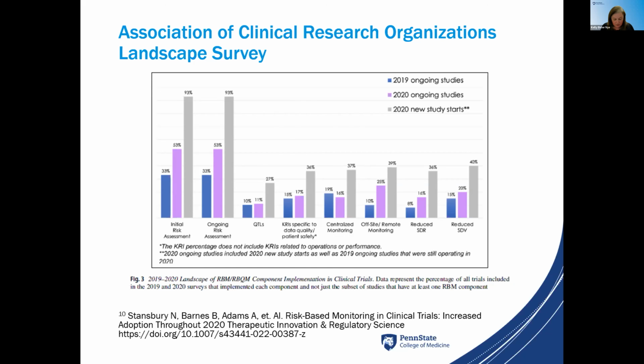The 2020 new study start data shows a sustained increase in the risk-based monitoring adoption. So this is, again, just another snapshot of one group that is using risk-based management in their clinical trials, and it's relevant and recent in 2019 and 2020.